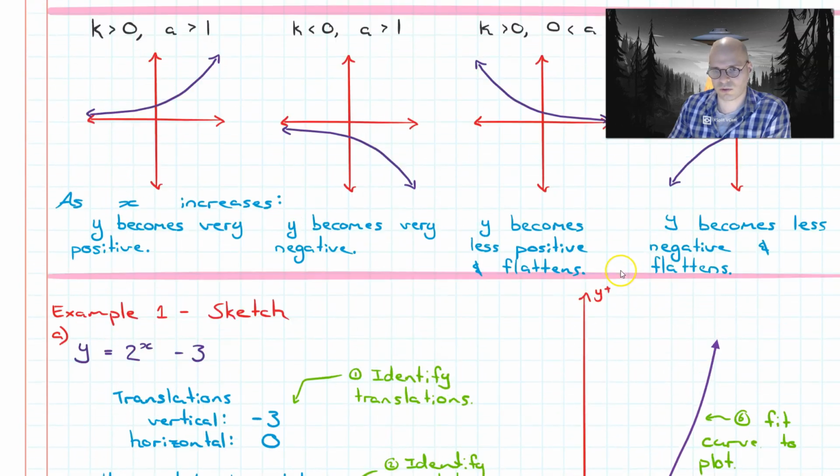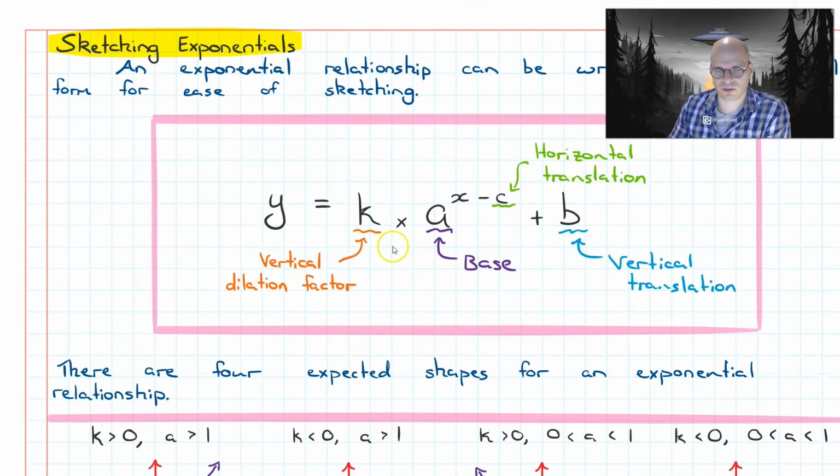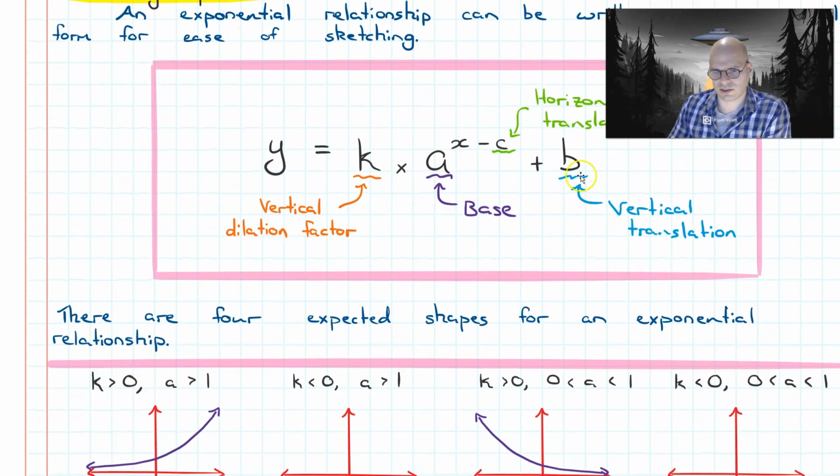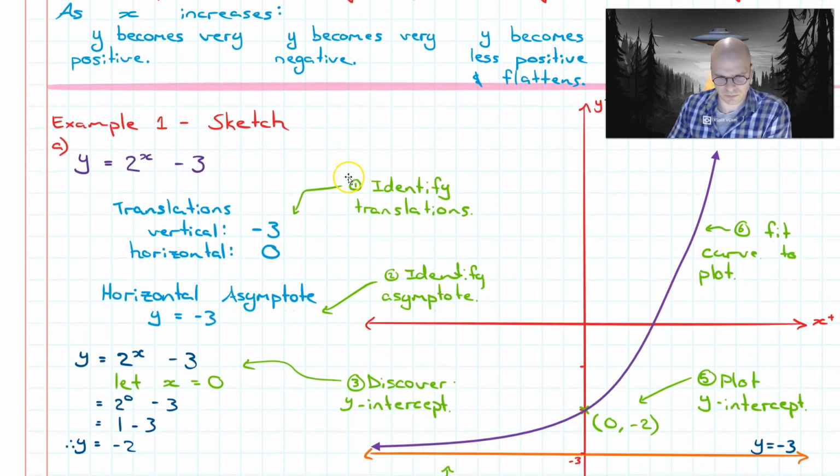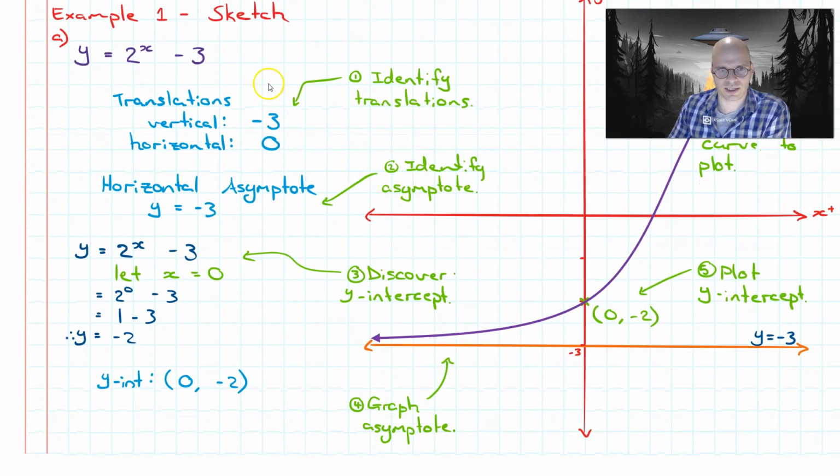So in summary, what we had a look at in this video was how we can go about sketching exponentials using this general form shown over here. After that, we discovered that we can sketch these exponentials using 6 steps.